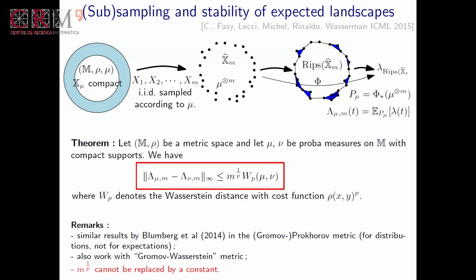And more intuitively, waving my hands, if you think a little bit about it, when mu and nu are fixed, the Wasserstein distance between them is something that never changes. This is associated to the measures themselves. But now, if you look at these two objects when m goes to infinity, they converge to the landscape of the support of the measure mu and the support of the measure nu, which are topological objects.